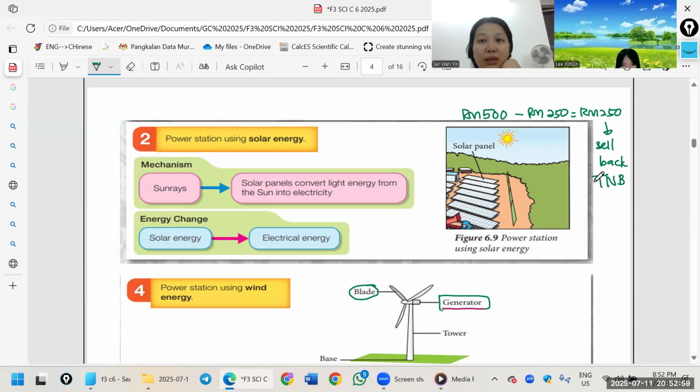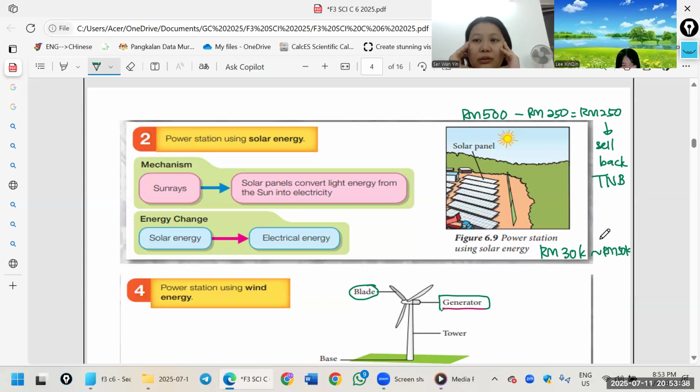Last time, not many people would install this. The cost, I heard, the cheapest is from 30,000 to 50,000, depends. It depends on your house roof, because maybe it is not facing the sun side. You need to adjust, and it depends on how long the sun shines on your house roof.